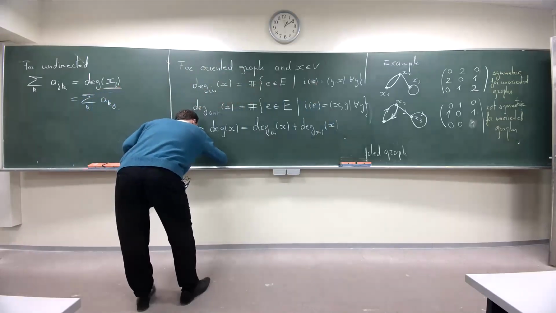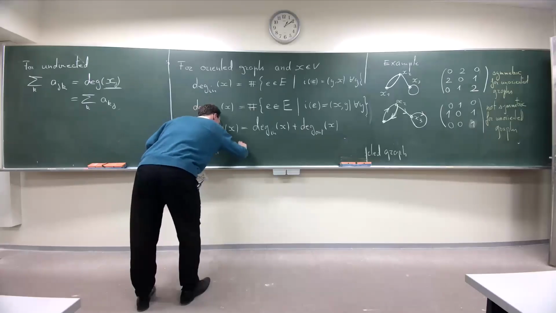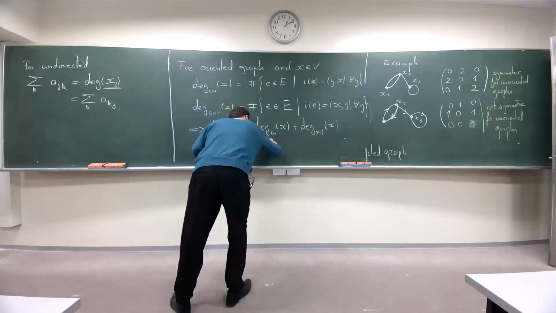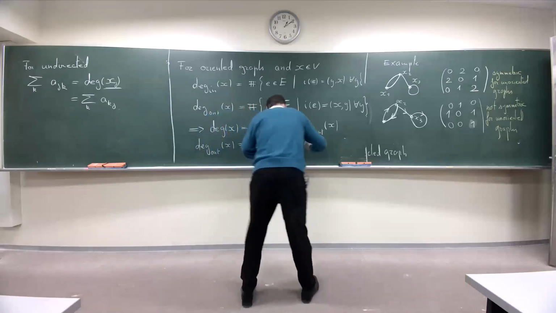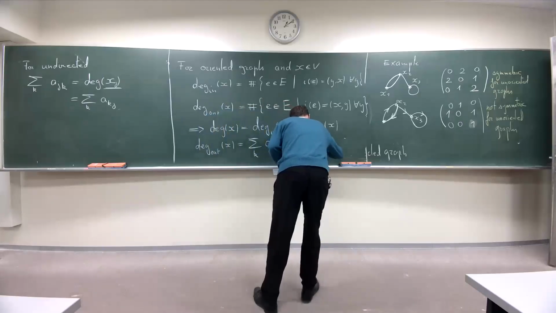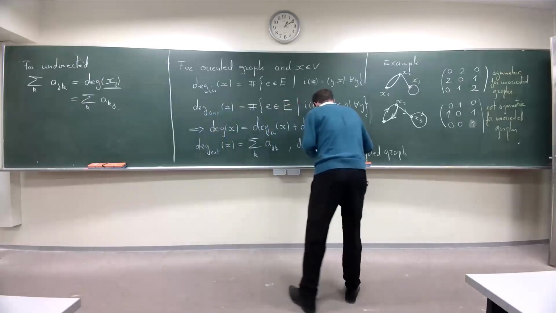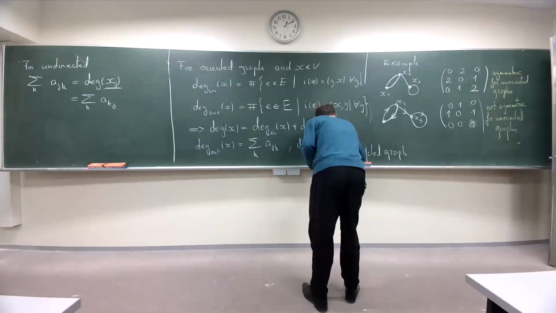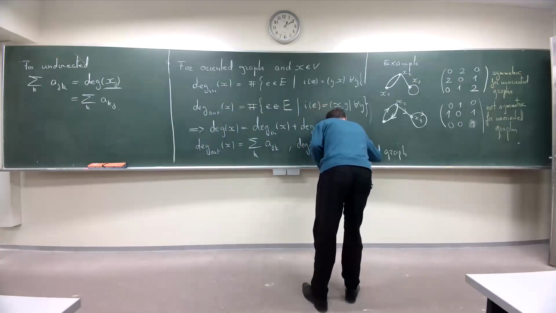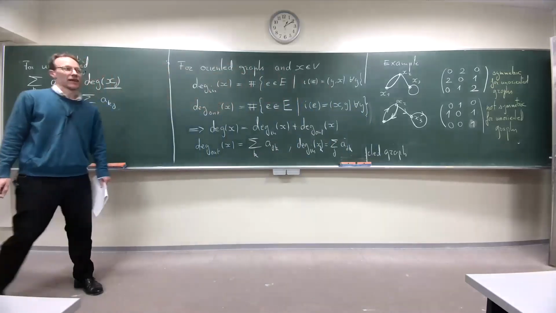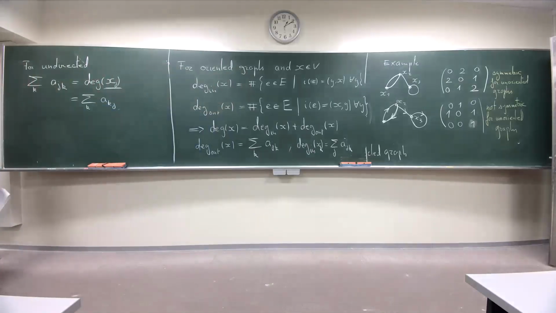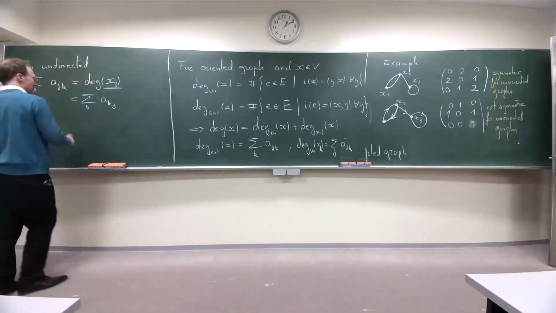The deg out of x can be obtained by doing the sum over k of a_jk, and the deg in of x can be obtained by the sum over j of a_jk. Hope there is no mistake. I think I'm right. It should be the sum over j, because if you go over k, then you get the row, you're adding up the row. That's exactly what we want. Please check carefully.